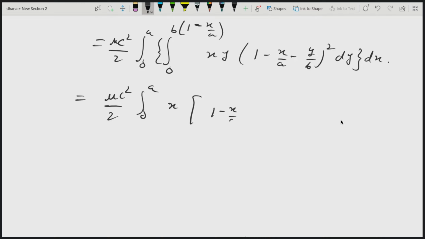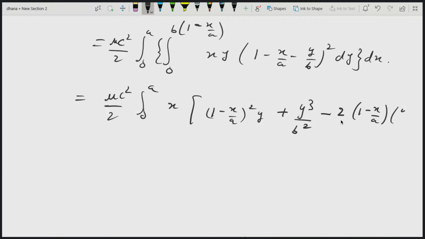Solve it. One minus this one part, a square you will get multiplied with y, okay, plus b square you will get. So y square by b square, already a y in multiplication, so you will get y cube by b square. Then minus 2 times of 1 minus x by a into y by b.